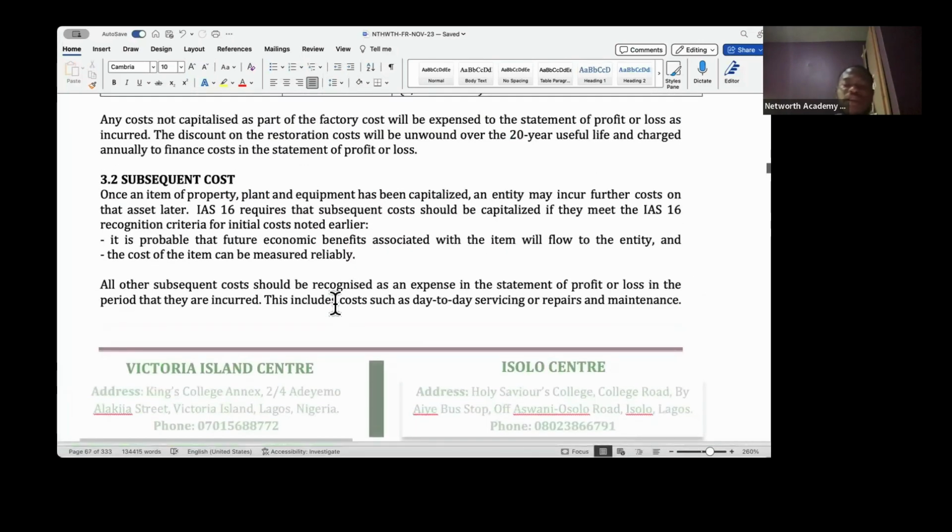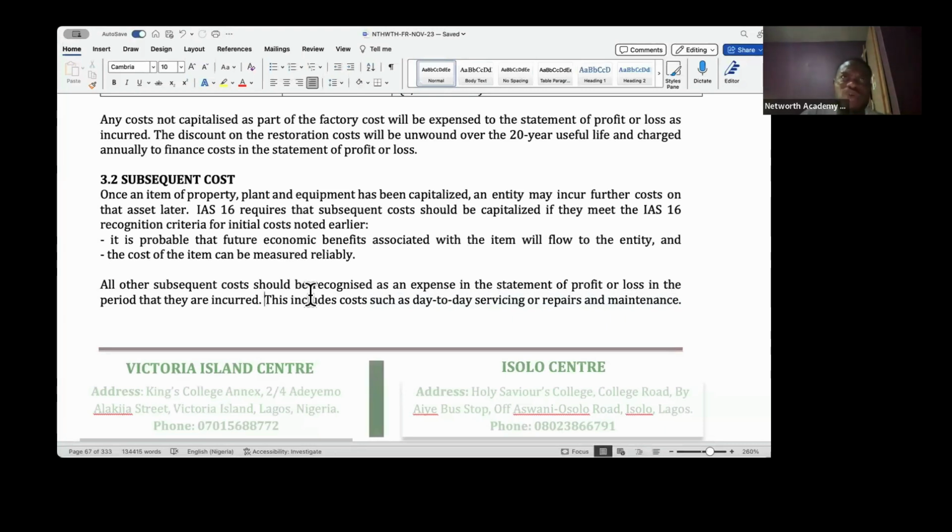However, any costs that do not do this should be expensed, like day-to-day servicing of an asset or repairs and maintenance. It's just like you bought a car, for example, and you are servicing it, or you have a generator that you're servicing. That cannot be capitalized because it's just repairs and maintenance.